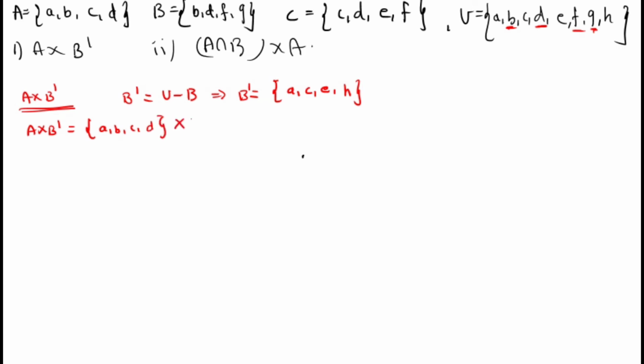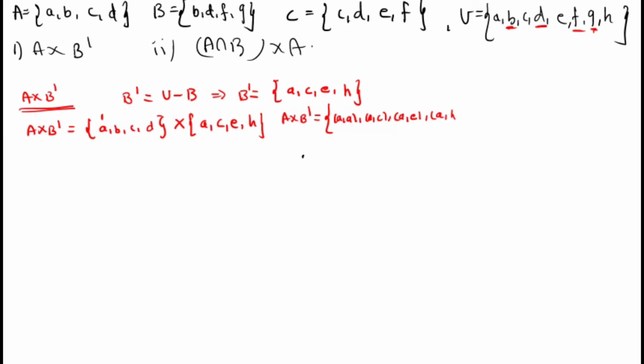B dash is {A, C, E, H}. Then you know how to write the cross product. So write the possible ordered pairs. A cross B dash is equal to, first start with the first element A. You will get (A, A), then (A, C), then (A, E), then (A, H).